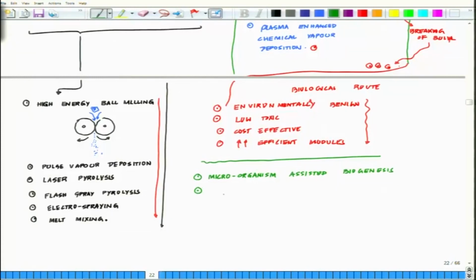The second thing is biotemplate assisted biogenesis, and we'll talk in detail about this as we progress in this area. Biotemplate assisted biogenesis, plant extract assisted biogenesis.